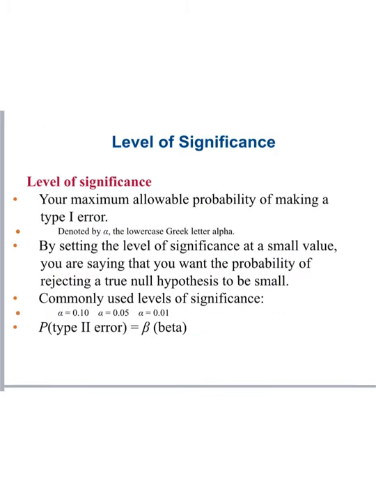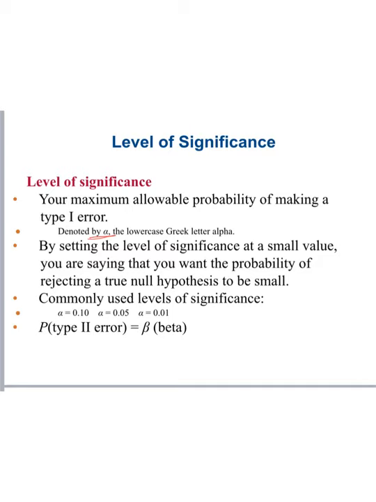All right. So, level of significance. The level of significance is your maximum allowable probability of making a type 1 error, and we denote it by alpha, lowercase alpha. By setting the alpha level of significance at a small value, you're saying that you want the probability of rejecting the null hypothesis to be small.